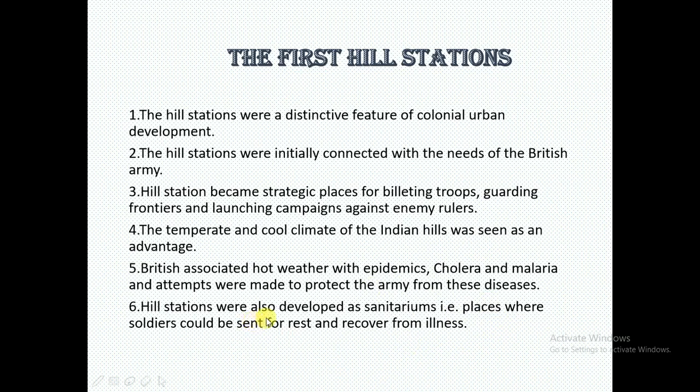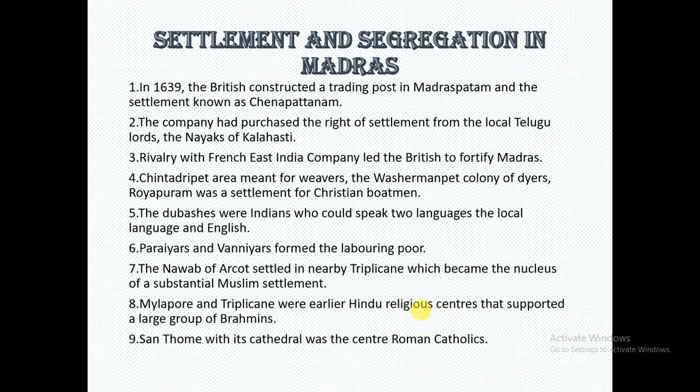Hill stations were also developed as sanatoriums, meaning hospitals were made in the hill stations, places where soldiers could be sent to rest and recover from their illness, right? Next is the segregation of Bombay, Madras and Calcutta.